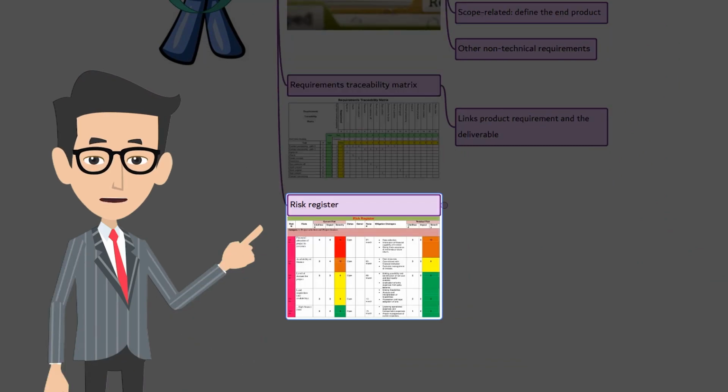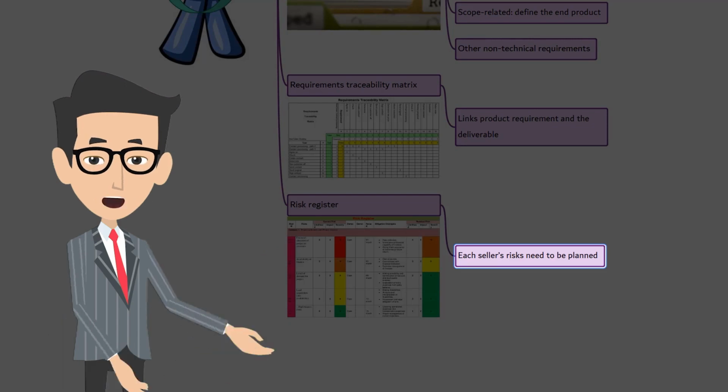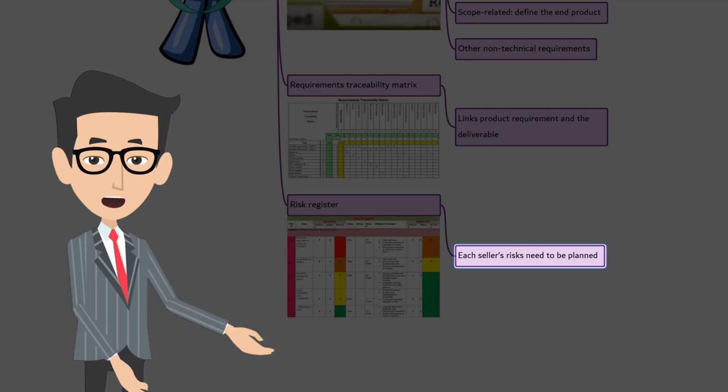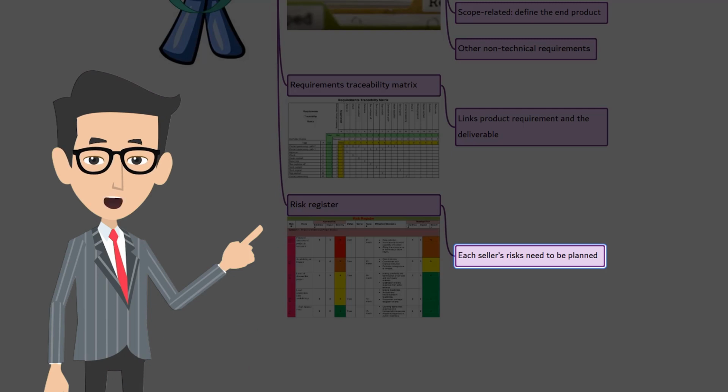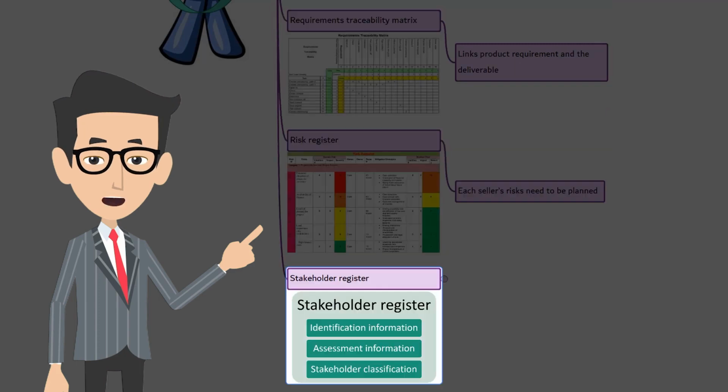The next one is risk register. Each approved seller comes with their own unique set of risks depending on the seller's organization, the duration of the contract, the external environment, the project delivery method, the type of contracting vehicle chosen, and the final agreed upon price, which are updated. Stakeholder register.